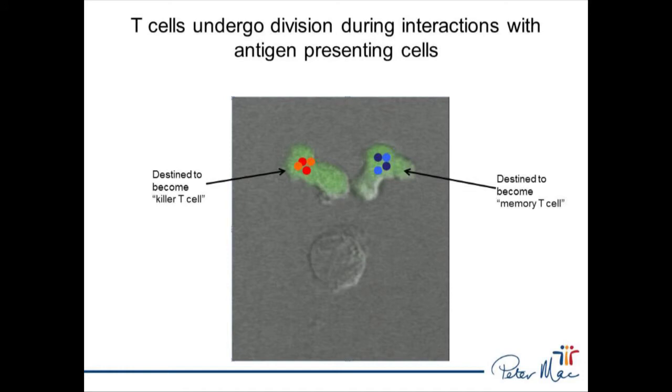For example, a killer cell or a memory cell. And this theory is represented in this cartoon here. So the interaction of the T cell with the antigen-presenting cell leads to a division where proteins are separated differently into the two daughter cells. And this instructs these cells to become either an effector or a memory cell.